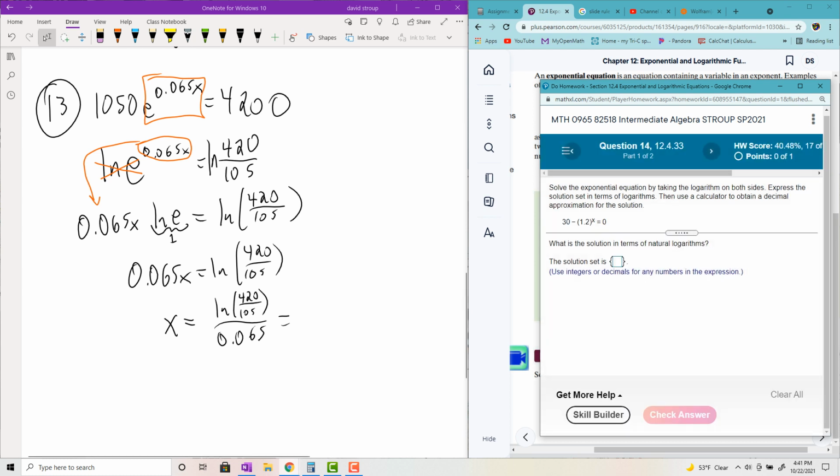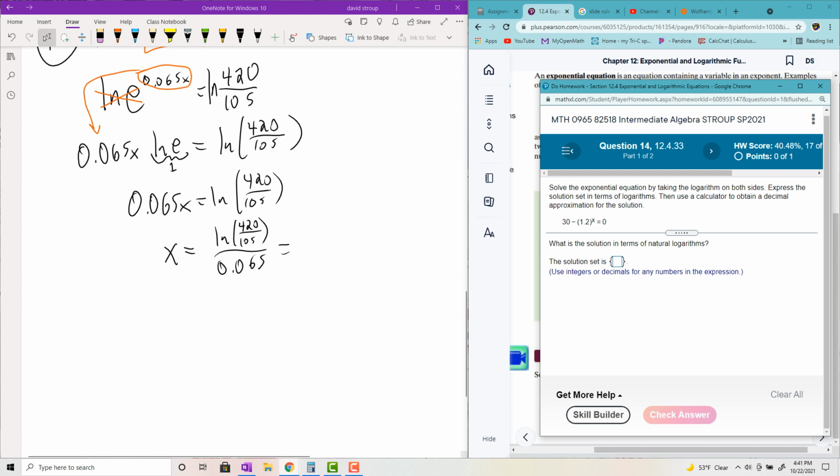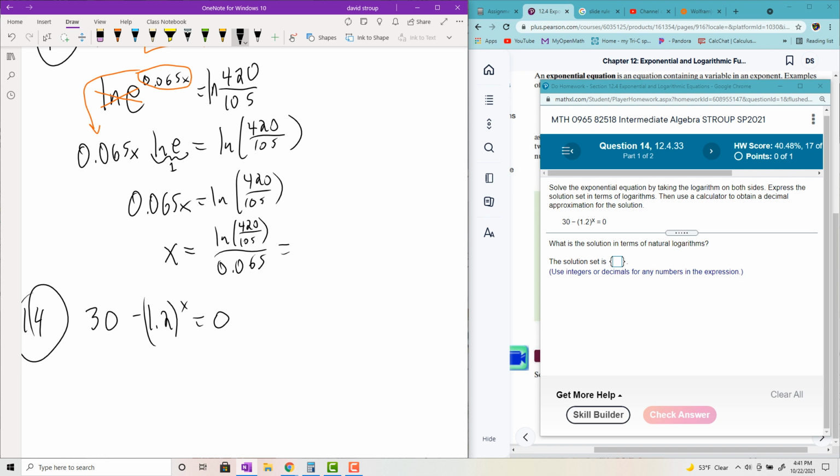Here's one. Let's try this one. This looks different, and it even tells you: natural logs. What's your solution in terms of natural logs? This is problem 14. I have 30 minus 1.2 to the x power is 0. This time you want to isolate the 1.2 to the power of x, so add that to the other side. You get 1.2 to the x equals 30.